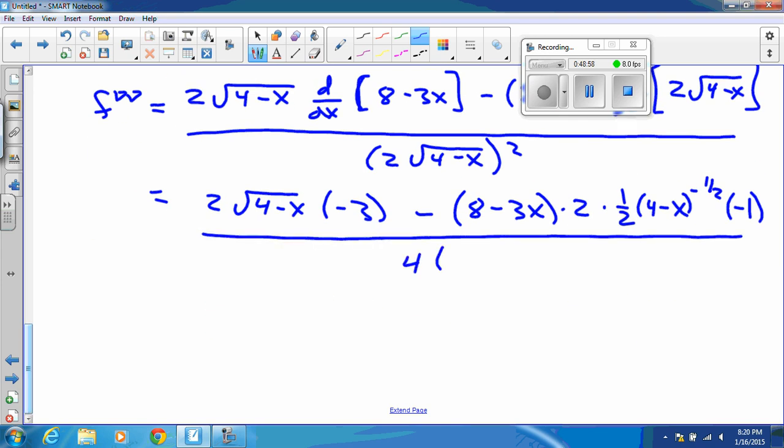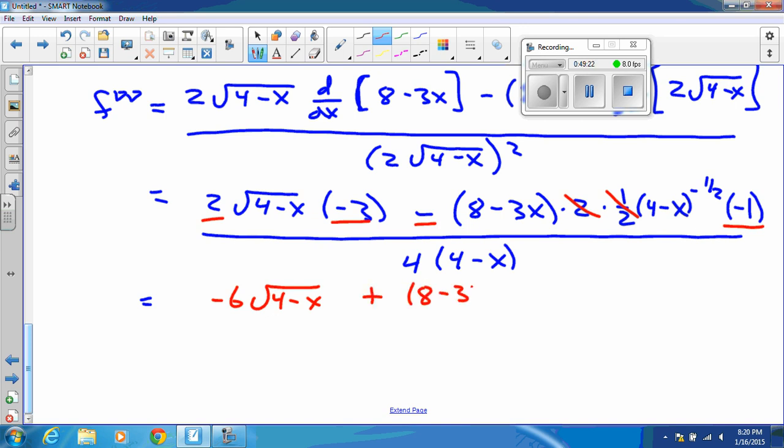First we have all of this times negative 3, minus (8 minus 3x) times, constant multiple rule, 1/2 of 4 minus x to the minus 1/2 times the derivative of the inside. And all of this is now divided by 4 times (4 minus x).